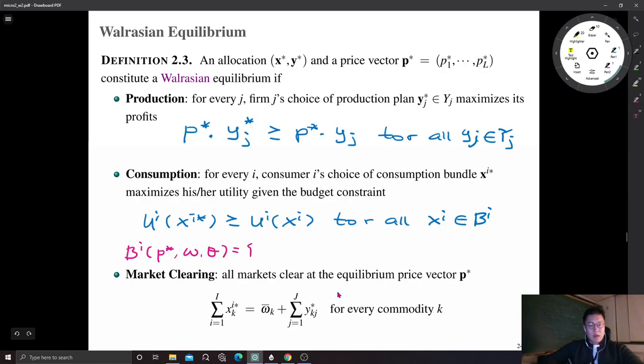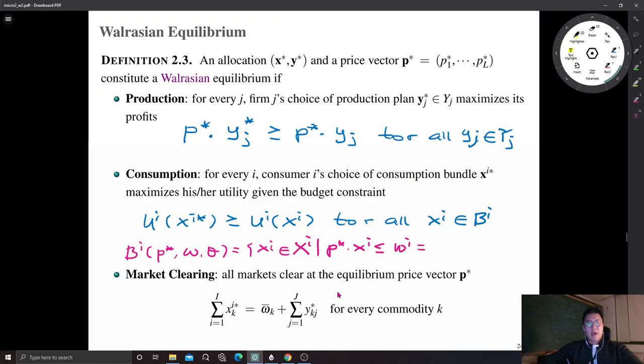That is a set of bundles x i in the consumption set X i such that p star dot x i, the total expenditure necessary for choosing bundle x i at price vector p star, should not exceed consumer i's wealth w i.